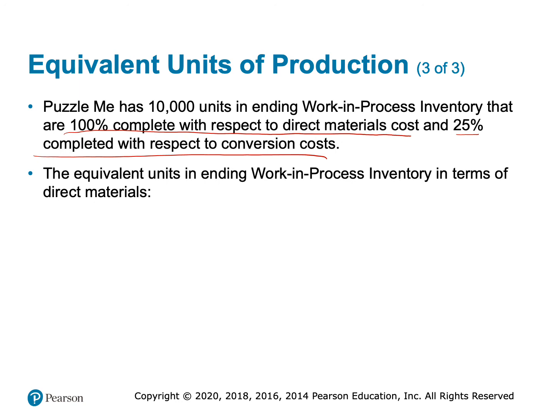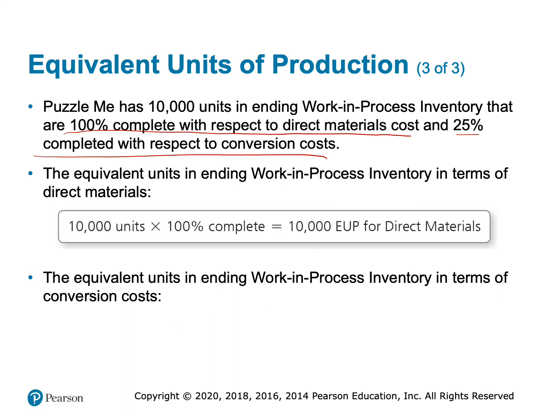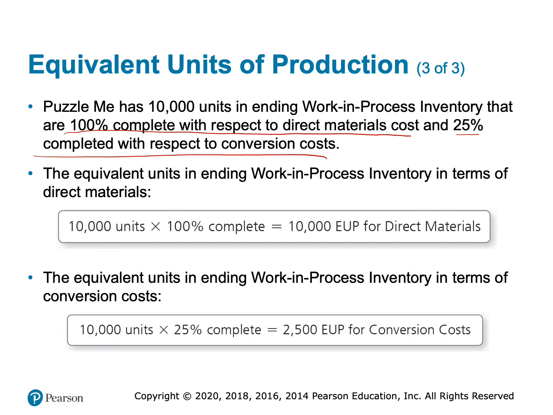So with respect to materials, 10,000 units that are 100% complete would be equivalent to 10,000 units. But for conversion cost, 10,000 units that are 25% complete would be equivalent to only 2,500 units.